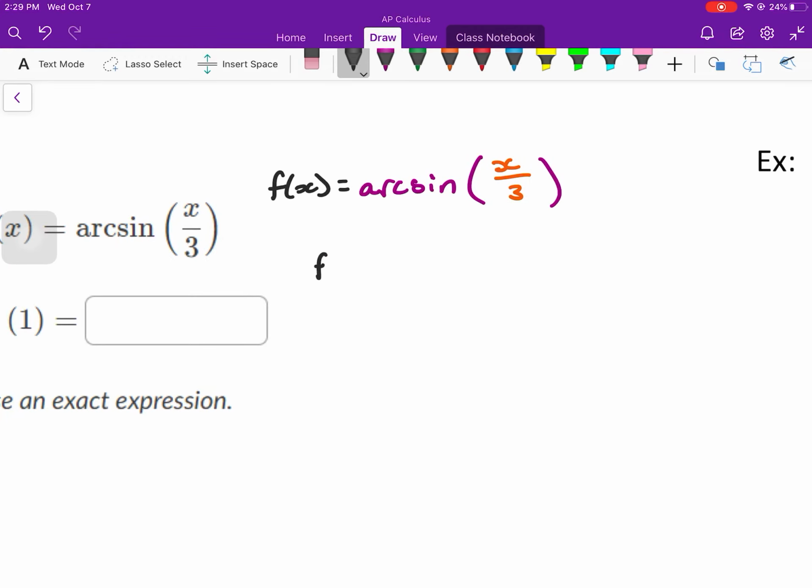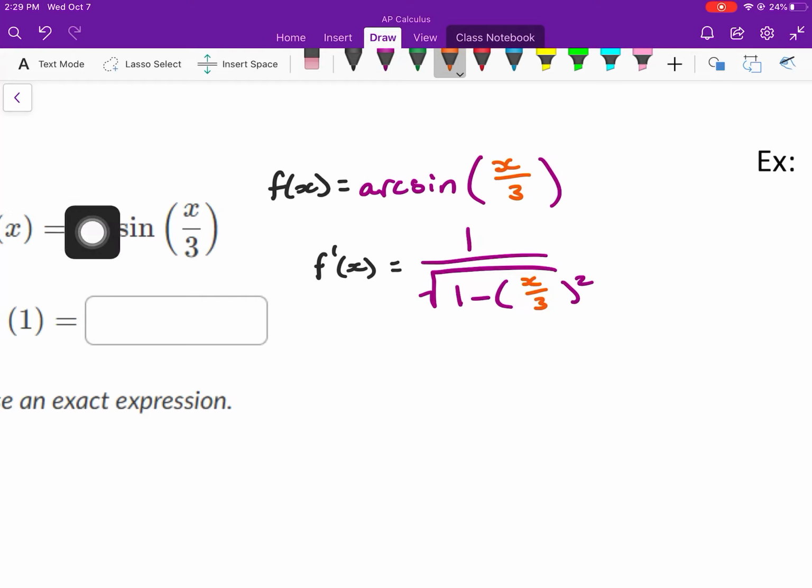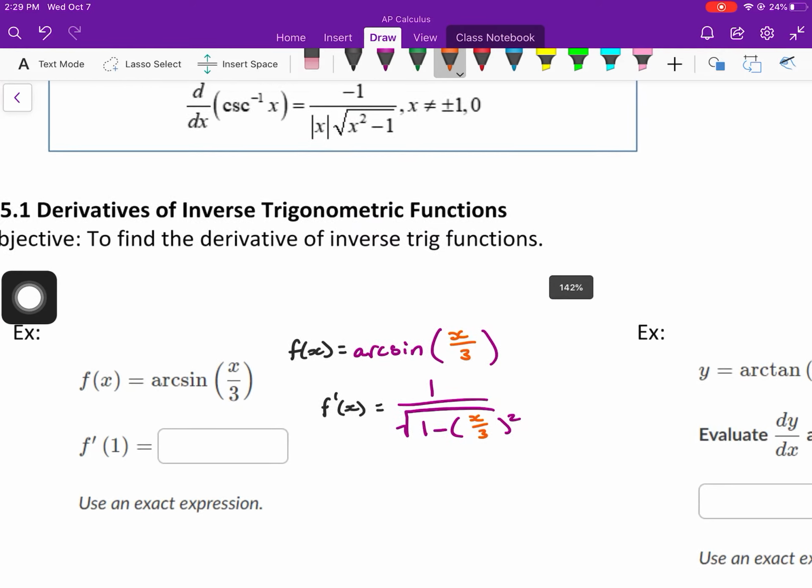So if we do f prime of x, we're going to start with the derivative of the outside. What's the derivative of arc sine? It's going to be 1 over the square root of 1 minus x squared. But in this case, our inner function is not just x, it's x over 3.